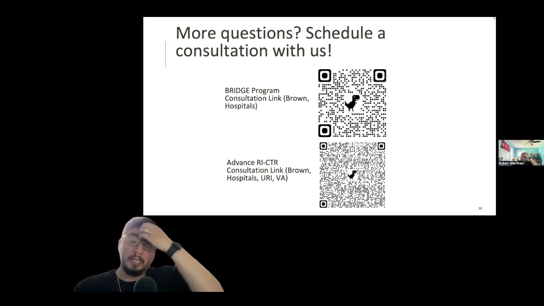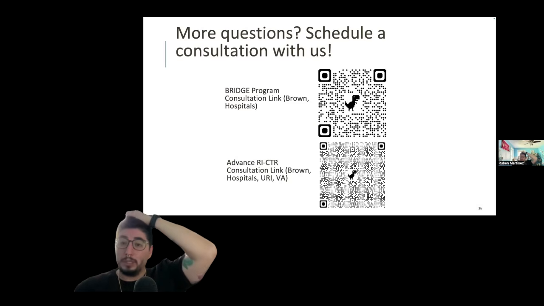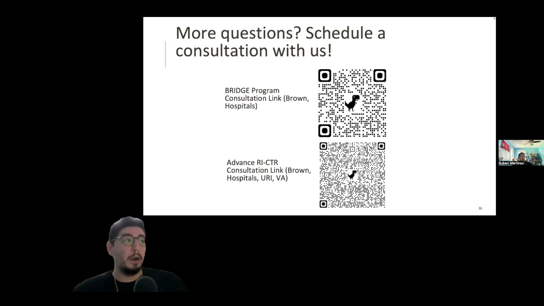A lot of this information is stuff that we actually do personally, with clinics. I either do this through consulting or through my work with Advance or ICTR. But you can consult with our team, the Bridge team. All of us know how to do this stuff. If you are Brown affiliated, if you're with one of the hospitals, you can always request a consultation with Bridge.